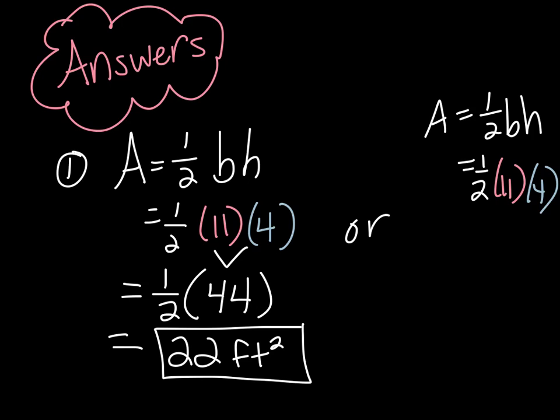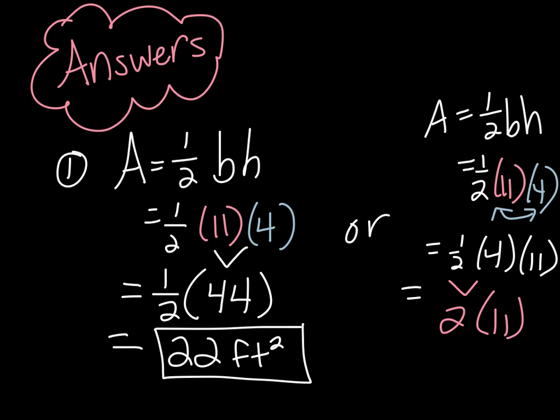If you wanted to switch these two around, then you could do 1/2 times 4 times 11, and then half of 4 is a little bit easier to do mentally because half of 4 we know is 2, and then 2 times 11 is 22, and you can see that you get the same answer doing it this way as you did the other way.